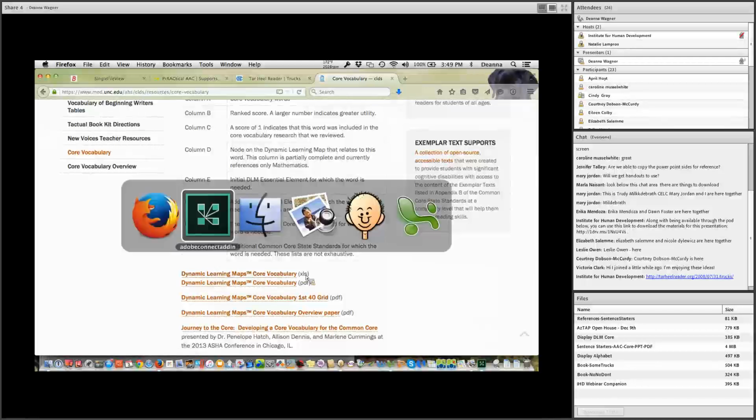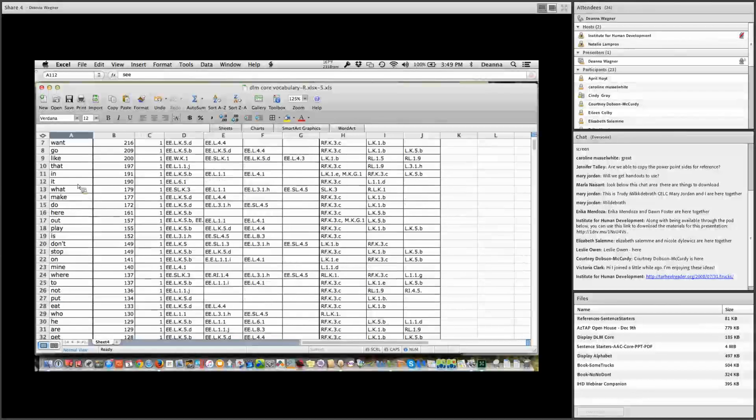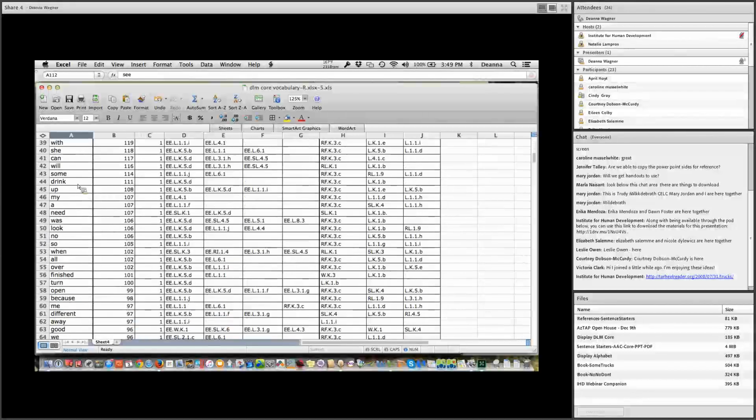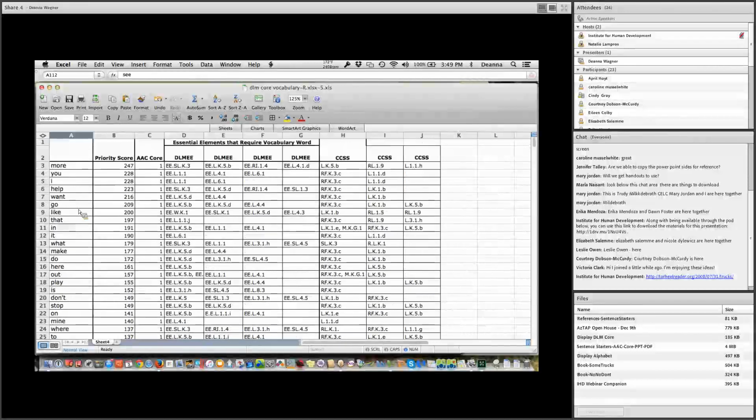This spreadsheet is downloaded into a spreadsheet that shows, in rank order, the words that we should use to help our students become functional users, because this is what they're ranked under various categories that Karen Erickson has been working on for quite some time, and finally ended up with a very clear-cut list of rank item words for what shows up in normal conversations and what is highly useful for our students who are using communication devices.